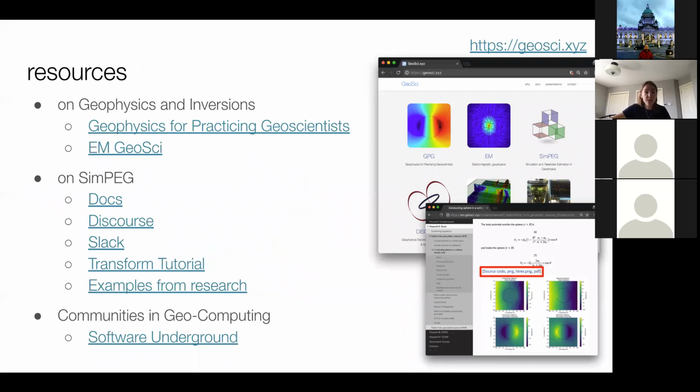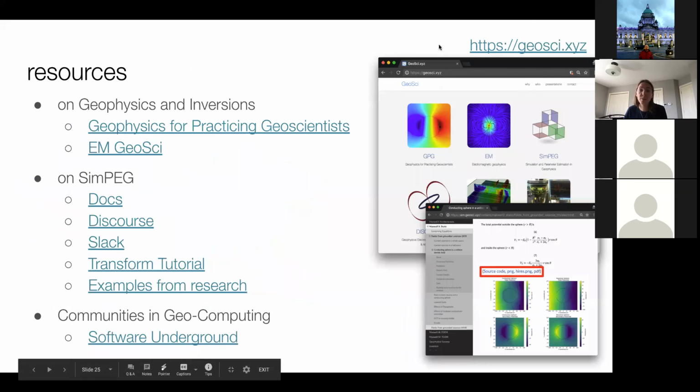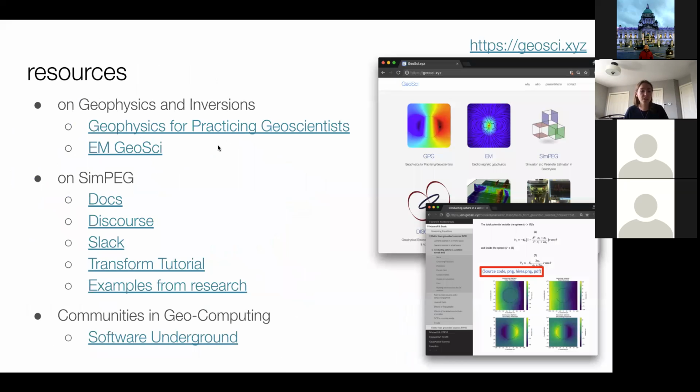So a few resources that I've mentioned and that are also built on top of SimPEG. There's the geosci.xyz website that I mentioned, where we've got a couple of textbook style resources for geophysics. Then within SimPEG, we've got the documentation, which is just docs.simpeg.xyz. We've got our Discourse forum, and Slack, which we use for real-time chat.